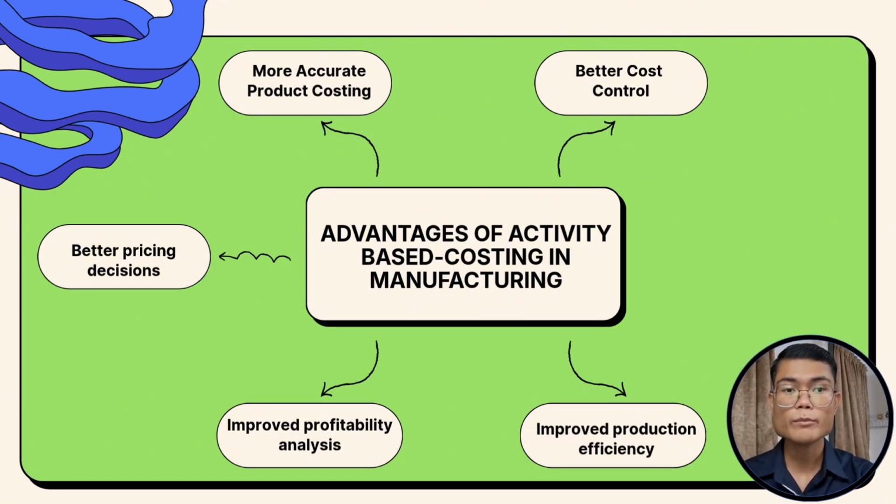These include more accurate product costing, better pricing decisions, improved profitability analysis, better cost control, and improved production efficiency. These findings are supported by two journal articles. In the next slide, I will briefly introduce these articles before discussing each advantage in a more detailed way.